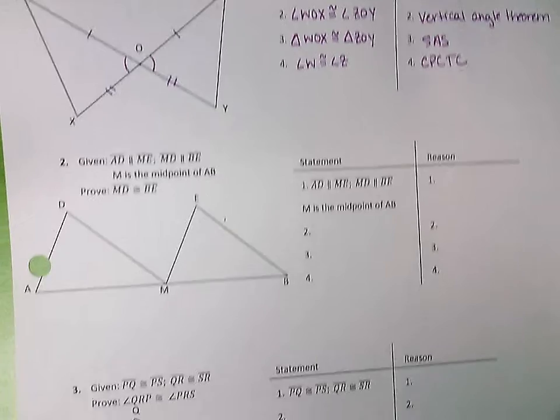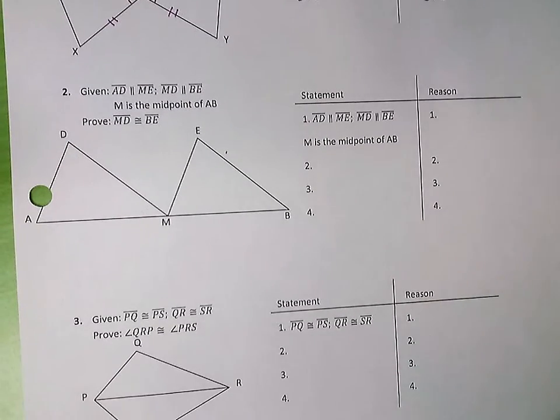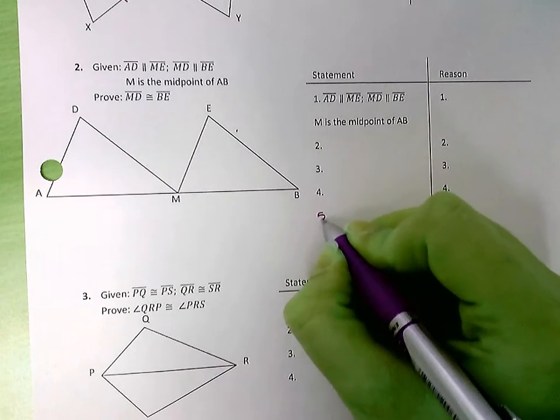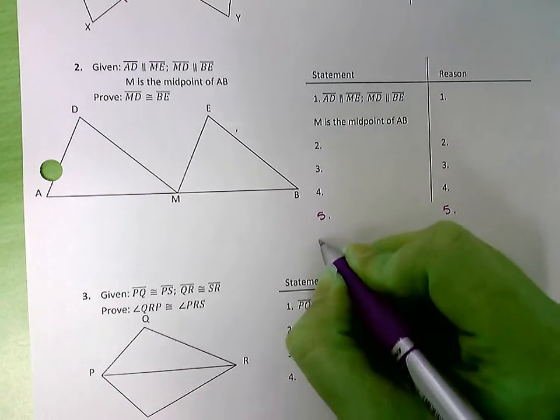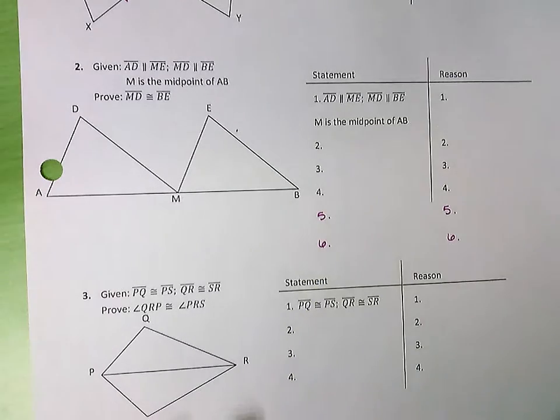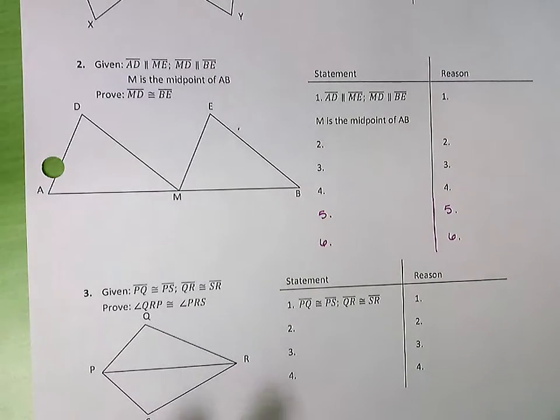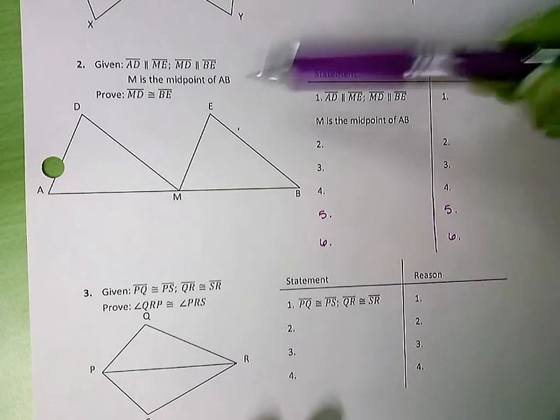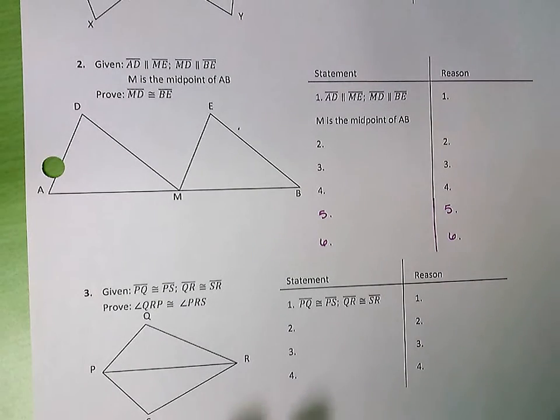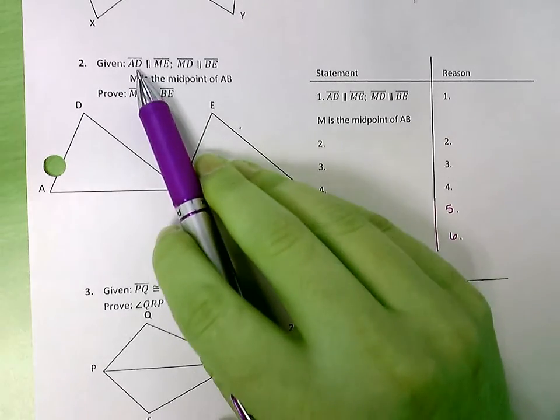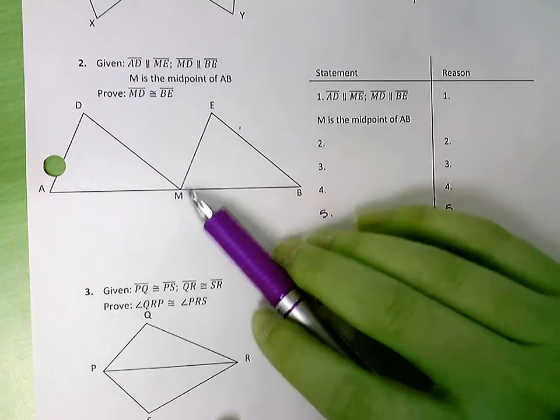All right, number 2. In number 2, we're supposed to have 6 statements and 6 reasons, so those got cut off. There's supposed to be 6. First, looking at my given in number 2, I have segment AD is parallel to segment ME.